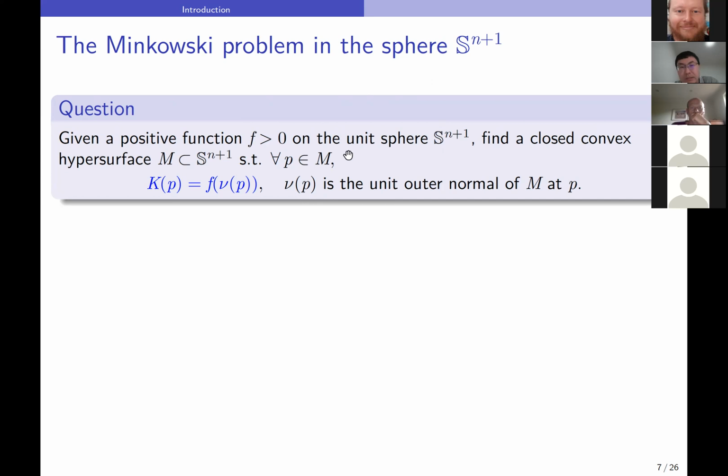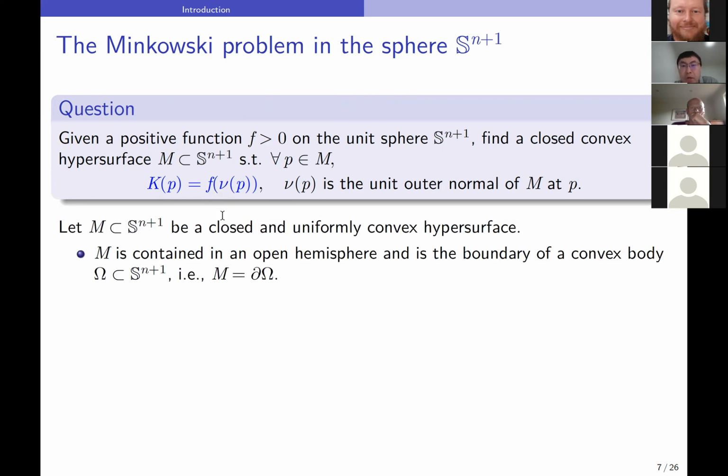The problem asks for a closed convex hypersurface in the sphere S^{n+1} such that its Gauss curvature is prescribed as a function f. A convex hypersurface in the sphere must contain an open hemisphere, and it bounds a convex body in the sphere.